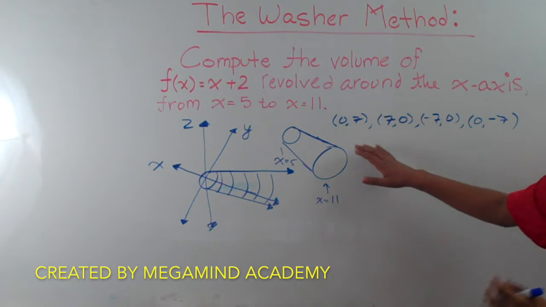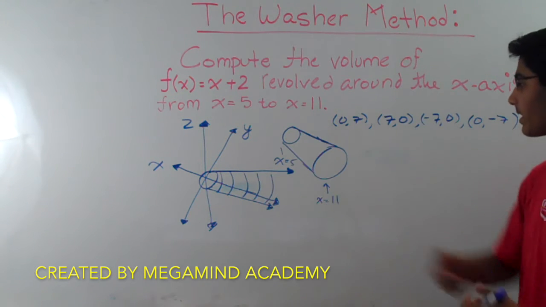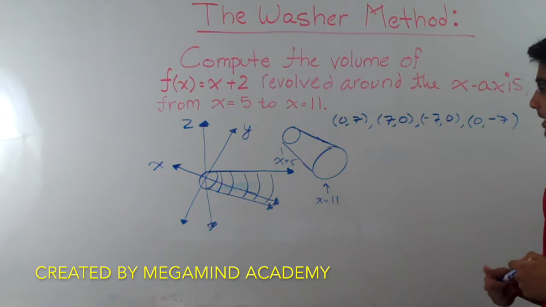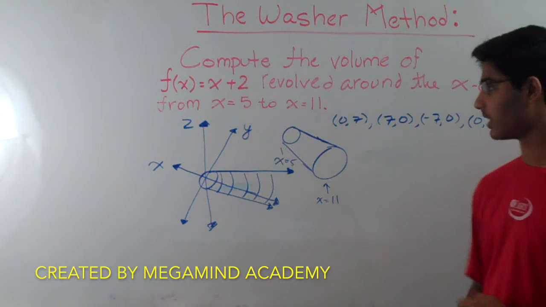But we know that it won't meet up at a common point, we'll just have a circle at the end. But that's beside the matter right now. So today we're going to learn how to compute the volume of the solid here.